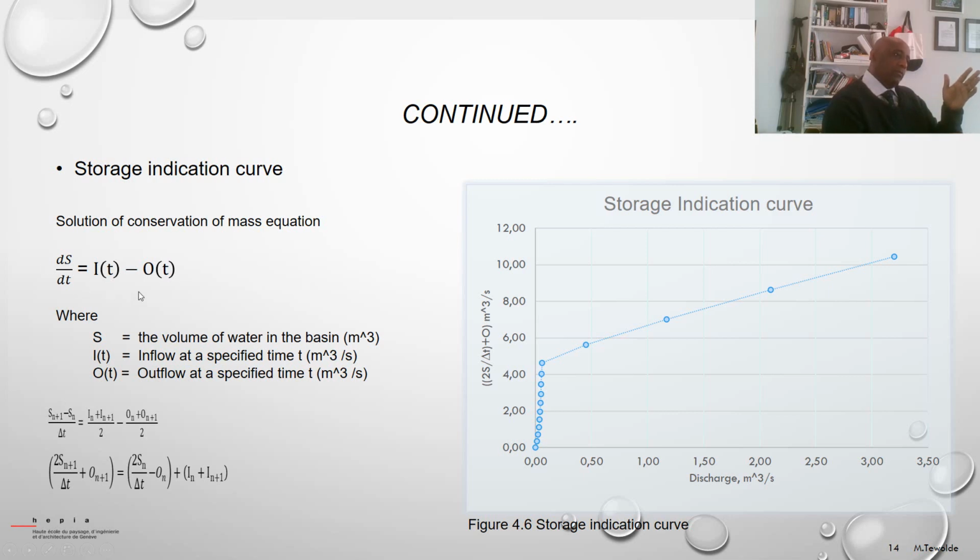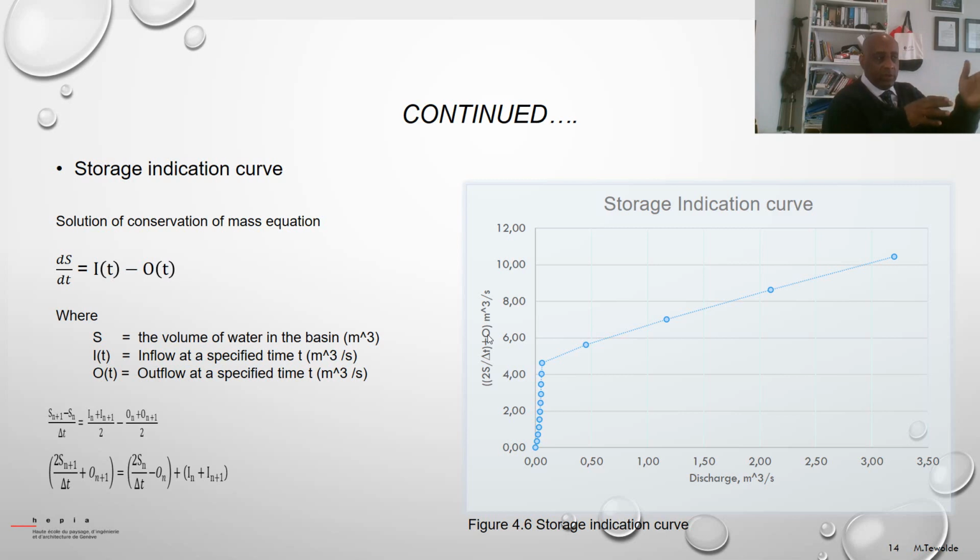For example, 2 times the storage over a change in time plus the outflow is just an equation. We develop a relationship between the two. This will be developed from the other curves, the ones which we developed. We know the storage and we know the discharge from that curve, and we relate them.